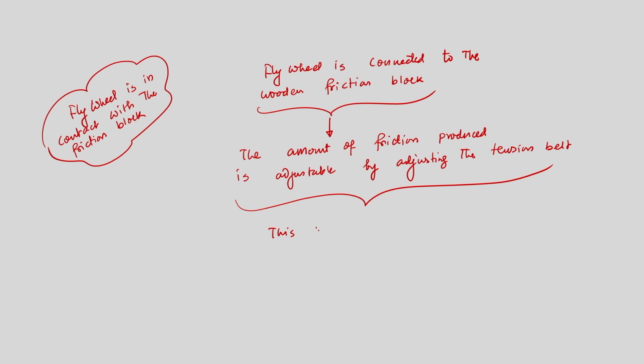The amount of friction produced can be adjusted by adjusting the tension belt, and when we adjust the amount of friction using the tension belt, this will result in a torque that is balanced by a force at the end of a moment arm.